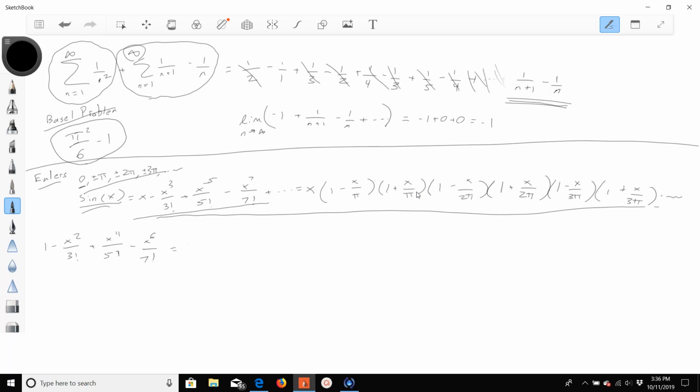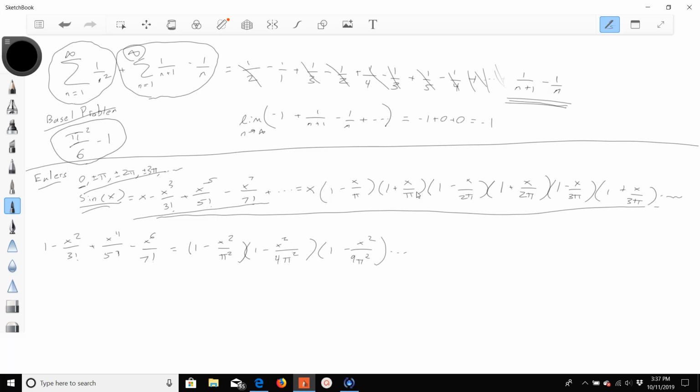And that's equal to 1 minus x squared over pi squared times 1 minus x squared over 4 pi squared times 1 minus x squared over 9 pi squared dot dot dot.